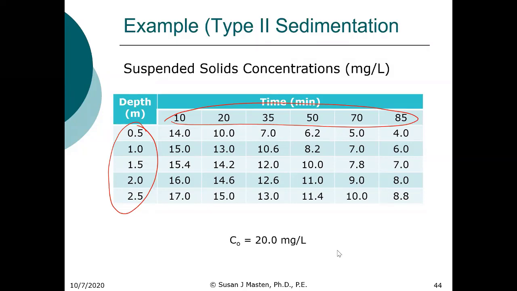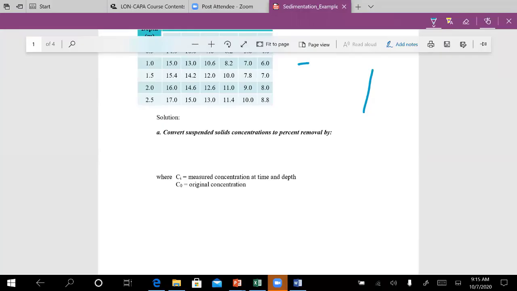I'm going to switch out of PowerPoint into Word, and I've got the Word document posted on LonCapa, so you can follow along with that document. What we need to do next, as I mentioned, is convert the suspended solids concentration to percent removal.